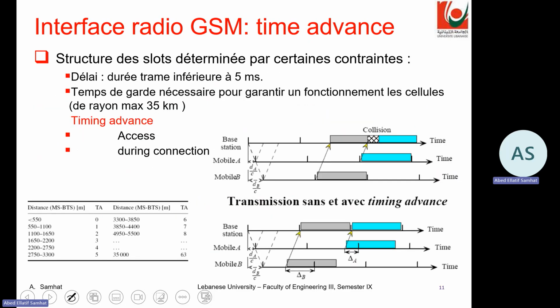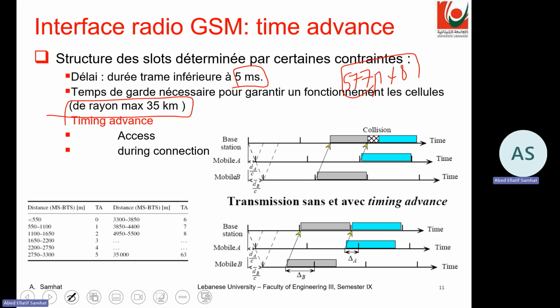You know that the duration of the frame is around 577 microseconds times 8, which is less than 5 milliseconds. In this case, we should be sure that we cannot send the information from a user before 5 milliseconds. That's why the maximum range of the base station is 35 kilometers.